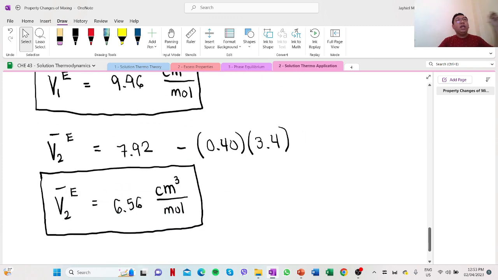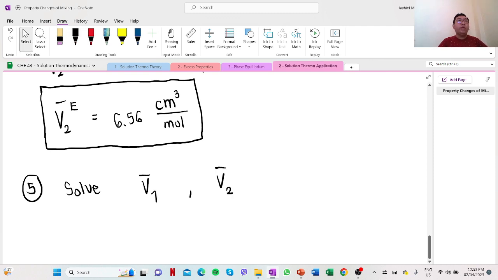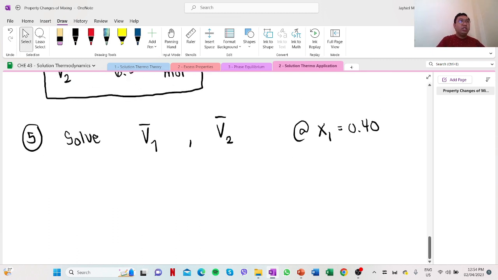Now, this is not yet the final answer because if you can recall, we are required for the partial molar volume of component 1 and component number 2 at a mole fraction of 0.40. So let's recall the definition.